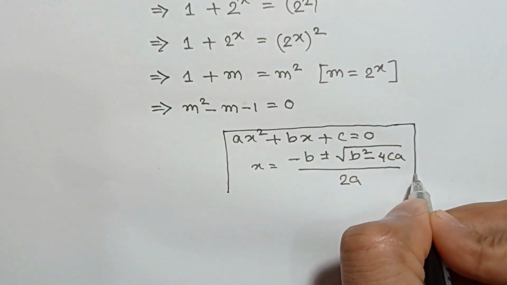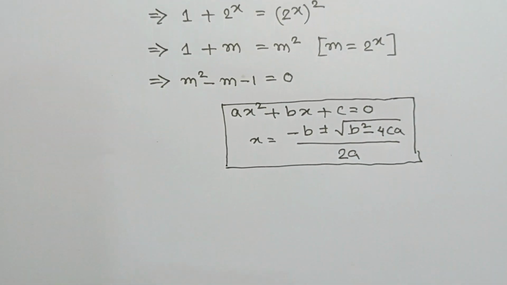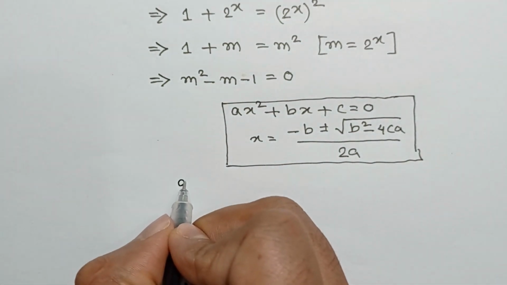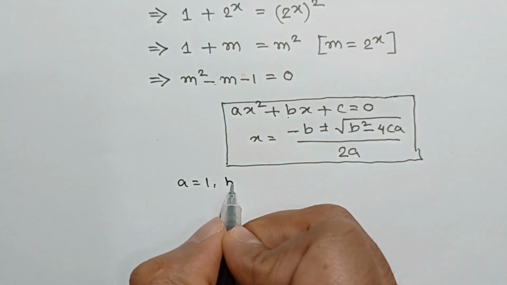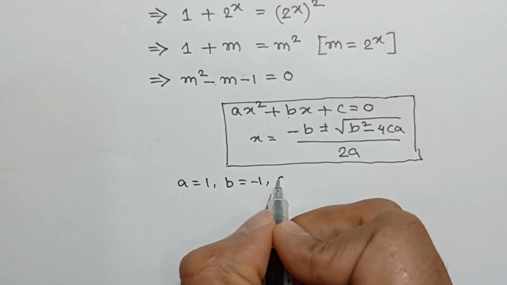Now applying this formula, comparing, a is equal to 1, b is equal to negative 1 and c is equal to negative 1.